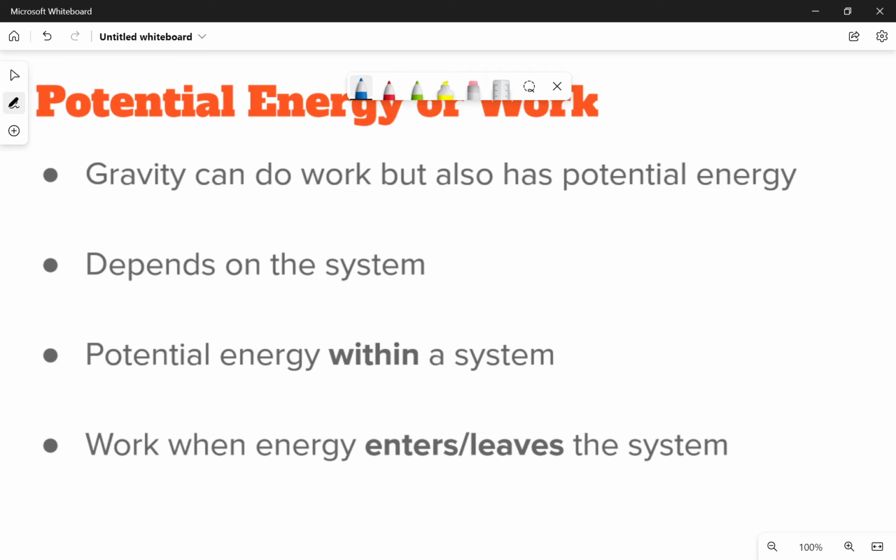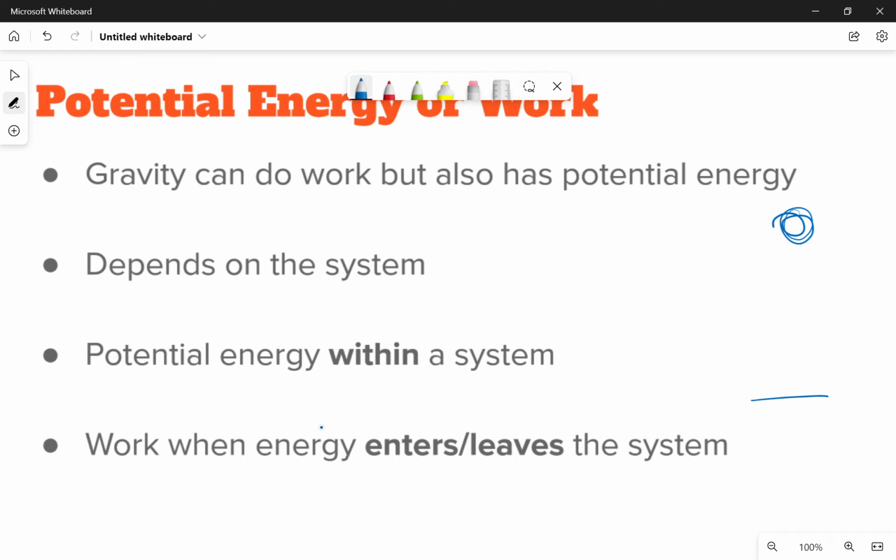Now, some of you that think ahead may have realized, well, if forces do work, gravity is an interesting example. Let's say I have a ball that is going to fall. Well, previously we would say that there is gravitational potential energy here, and that gravitational potential energy becomes kinetic energy as it falls.